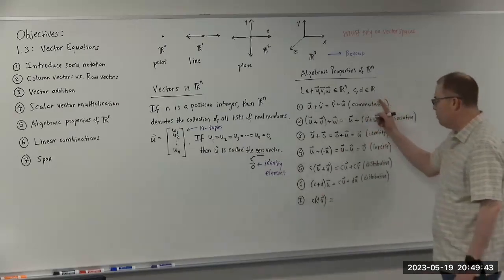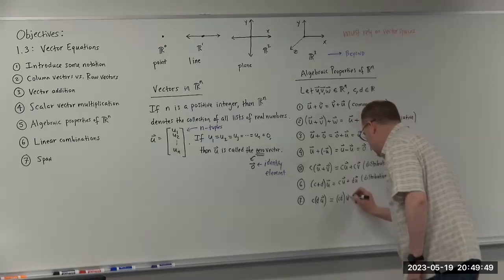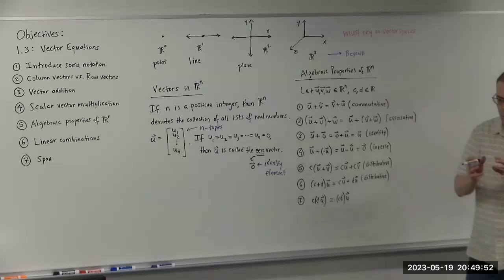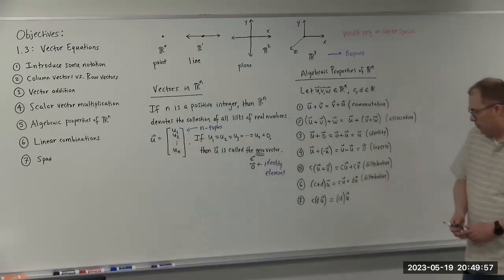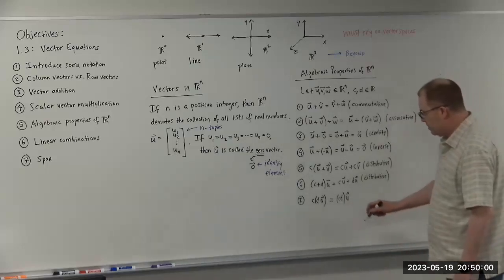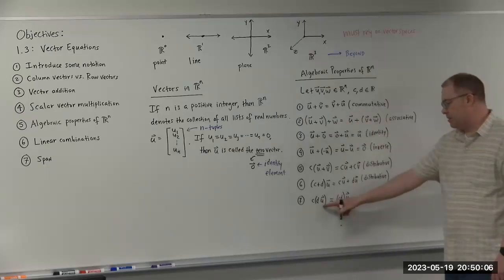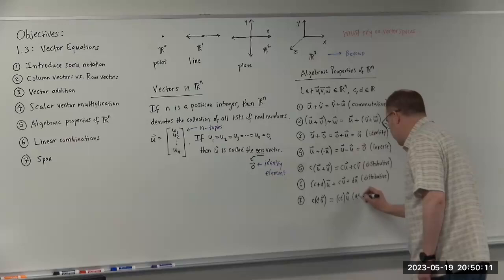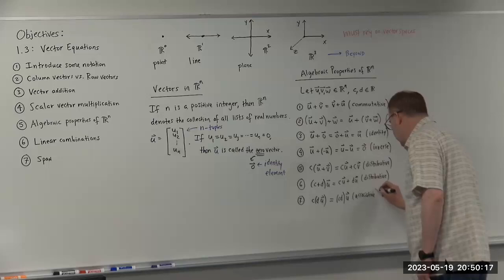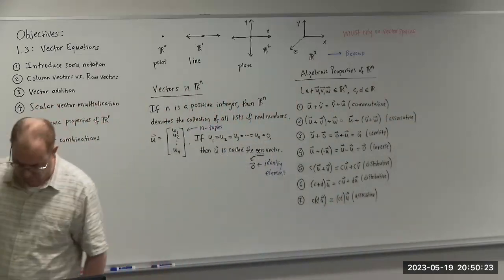Remember, c and d are scalar values. It doesn't matter where you start. You can multiply this, or you can multiply c times d and then multiply it by u. So this is similar to the earlier associative property; the only difference is that this is the associative property for scalar vector multiplication.